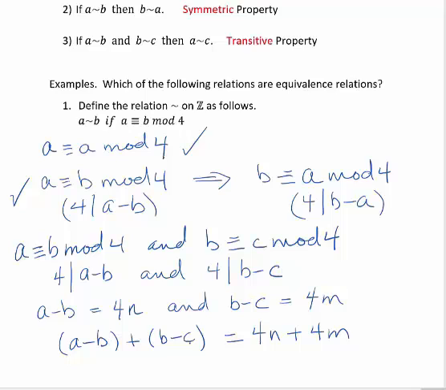Now if we take the parentheses off, you see that the B's cancel, and factoring out the 4, we have A minus C is equal to 4 times the integer n plus m. So this implies that A is congruent to C mod 4, and we have the transitive property. So the relation is an equivalence relation.